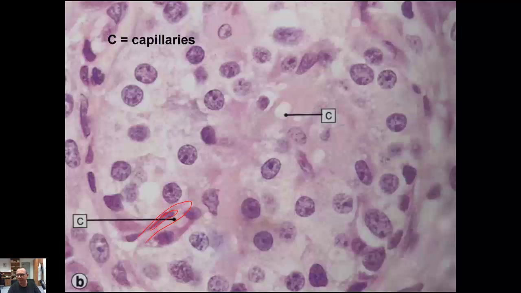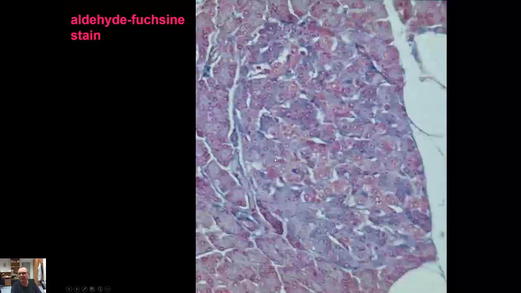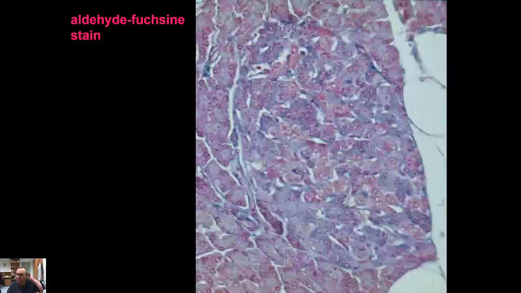Again, as it is synoptic staining, all the cells here seem to be the same. Nevertheless, when you use some special staining, like for example aldehyde fuchsine, you will find some cells blue and other cells red. Sorry for the low quality of this picture, but I haven't got any other.